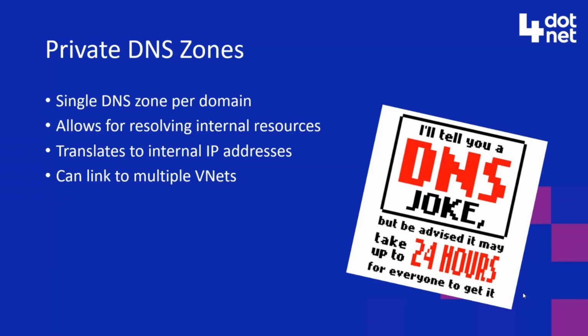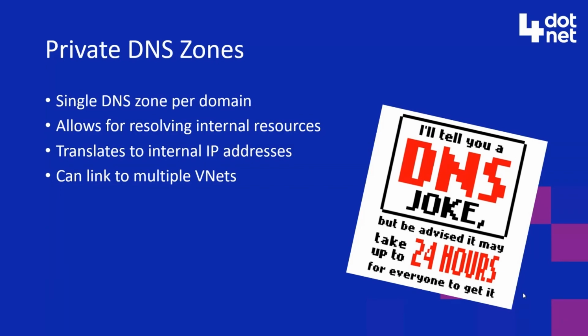It cannot resolve internal addresses. So we need private DNS zones to register host names to an internal IP address, and we also need a mechanism that allows us to resolve the host name to an internal IP address.